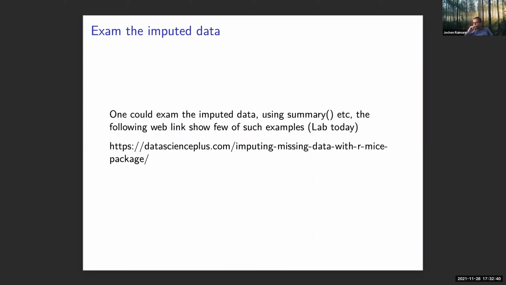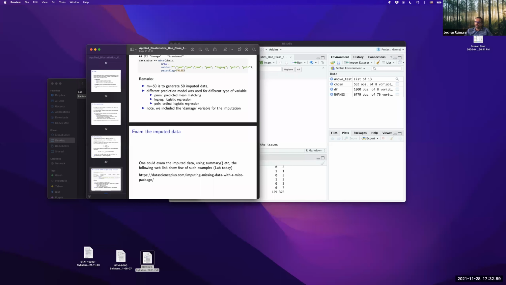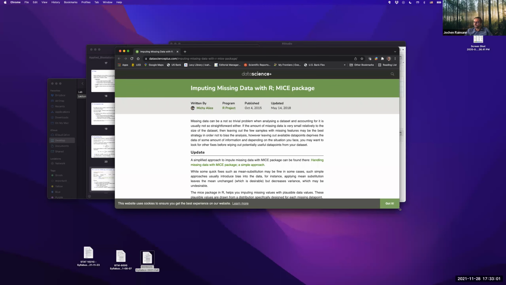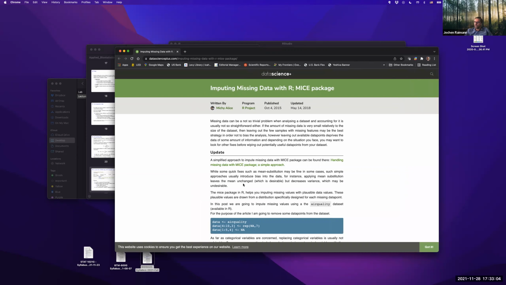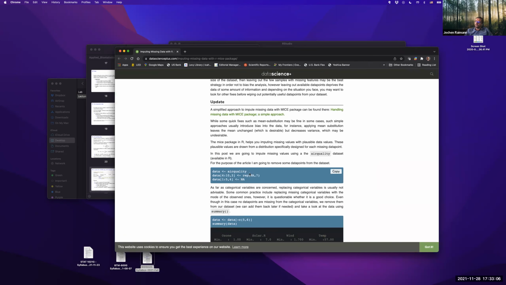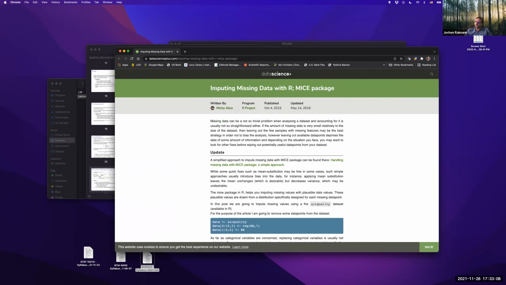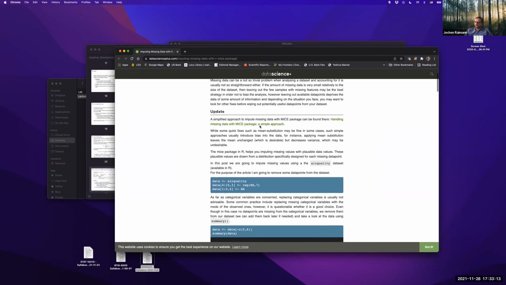Okay. So now you examine the imputed data using the summary, and we will see this also in this website that is not really a manual, but it's kind of a walkthrough.